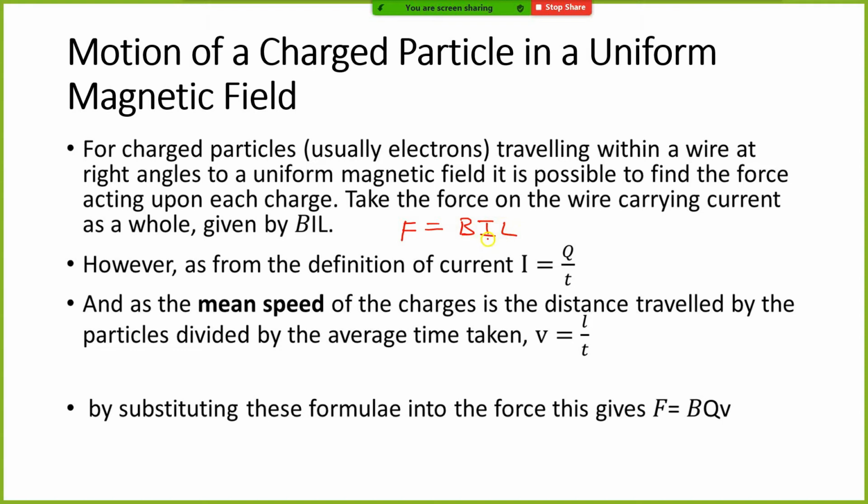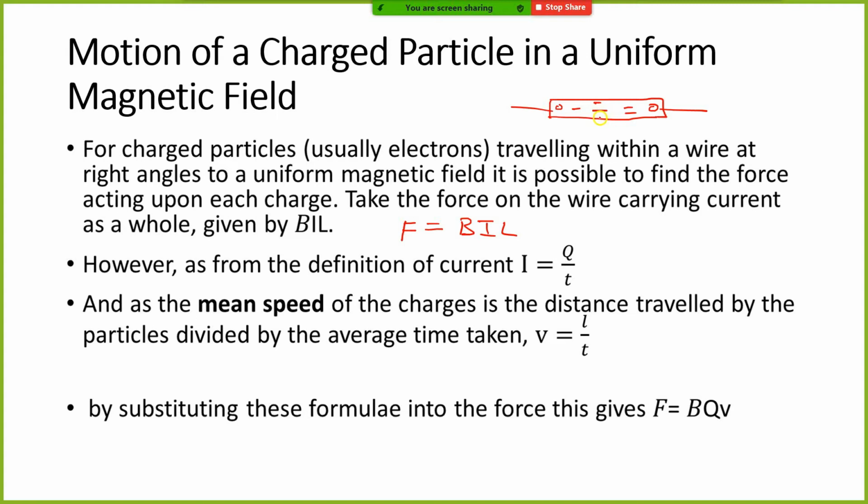What we are doing here, guys, is that you have a piece of conductor, a wire, placed within a magnetic field. Inside of the wire, current is flowing through the wire. So the charges inside of the metal, which are actually electrons, are going to experience a force.